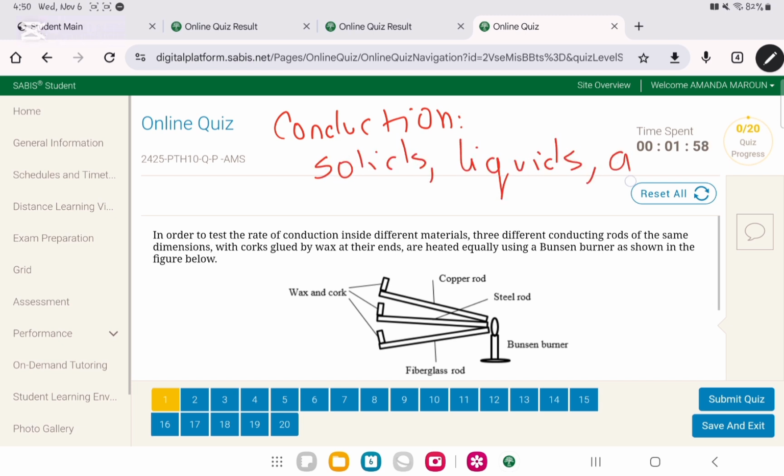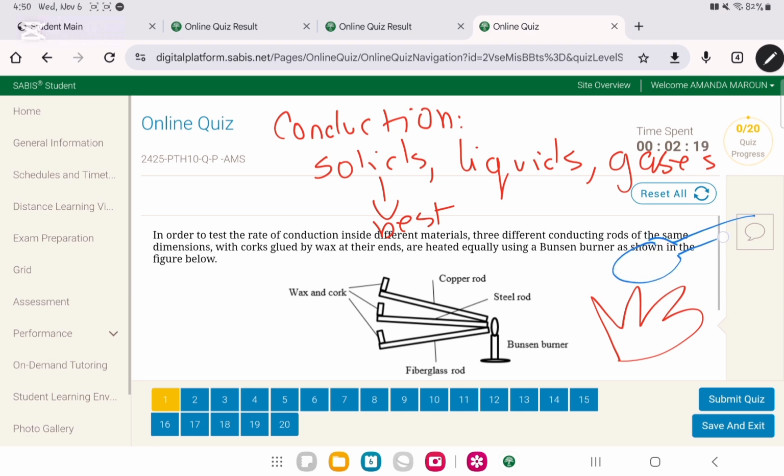Conduction happens in solids, liquids, and gases, but it is the best in solids. A very famous example of conduction is, for example, you have a fire. Okay, let's say that this is our fire, and then we have a spoon. Now, the particles of the fire, which I will draw in pink, will be touching the particles of the spoon.